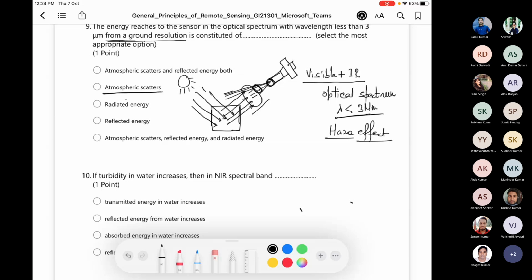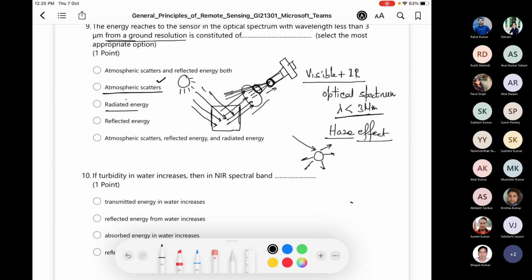Because in scattering, this is the incident energy and then the scatters are in a different direction. So due to the atmospheric scattering, we have a scatter component in the field of view of the sensor. So this option, atmospheric scatters, they are present. It is correct.